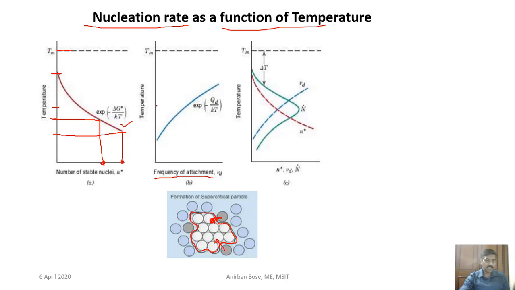So higher temperature is also required for more and more atoms to join into the particles to form the solid and grow. So here you can see that this particular curve indicates how these atoms are attaching into the particle and trying to form the nucleus.